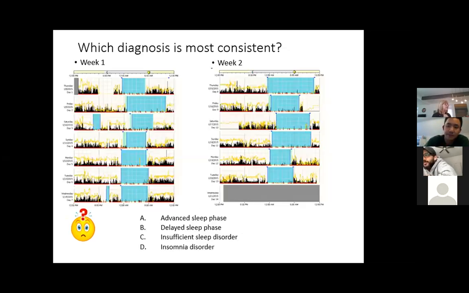Okay. All right. Which diagnosis is most consistent, week 1 and week 2? What do you see? Is this more like 12 a.m.? It's hard to tell. So 12 is right here with this line.